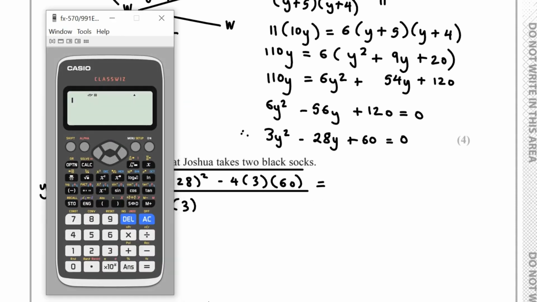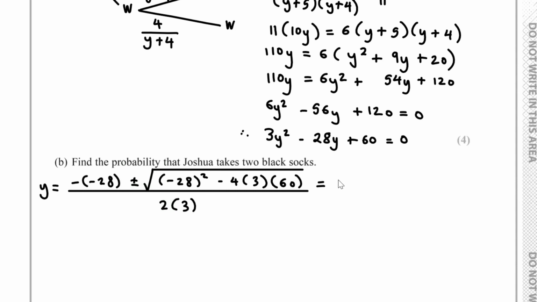So here, well, if you've got the ClassWiz, you can simply go straight to the equation solver. We have a polynomial of degree 2. We've got 3y squared minus 28y plus 60. So we get y equals 6 and y equals 10 over 3. So y equals 6, or we have 10 over 3.